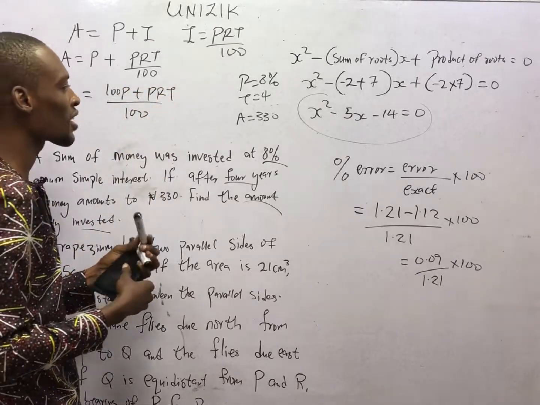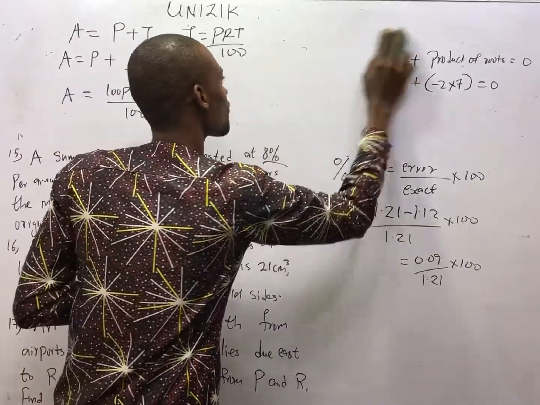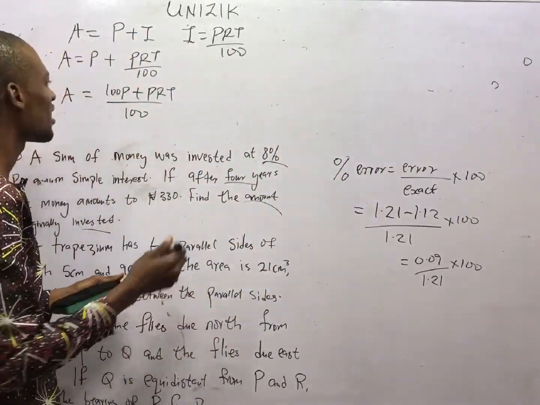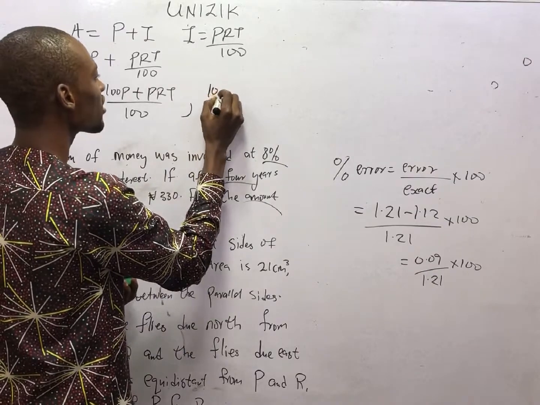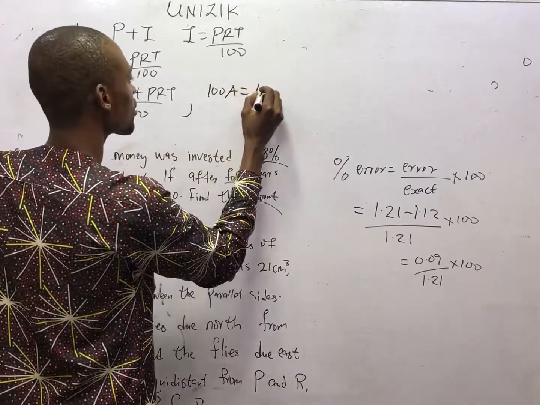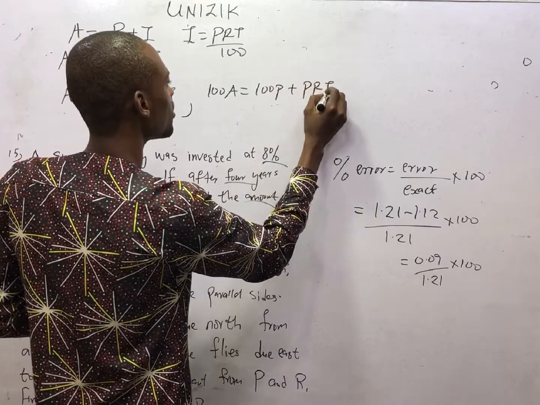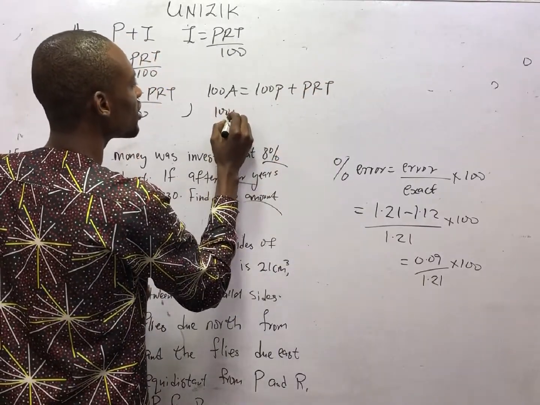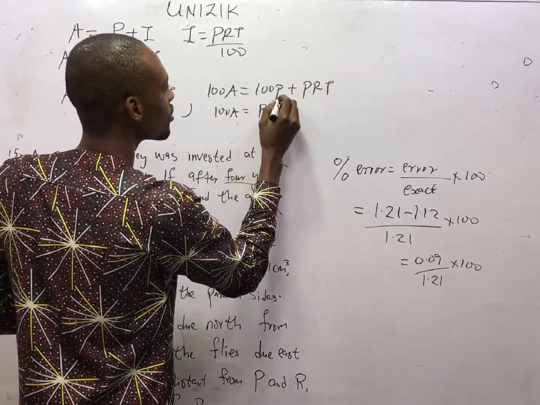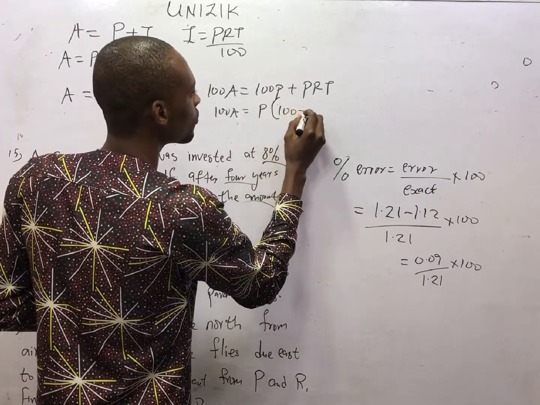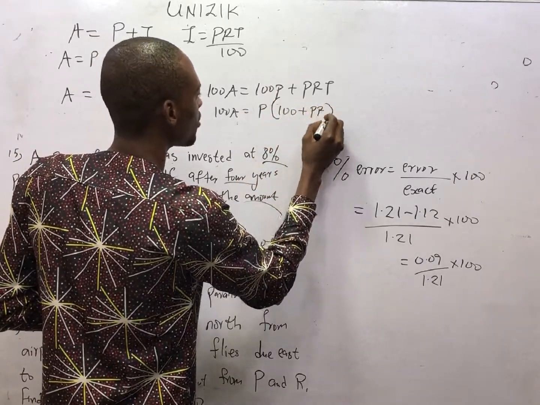What did I do? I look for the LCM. So from here, I can say that 100A is equals 100P plus PRT. 100A is equals P times 100 plus RT.